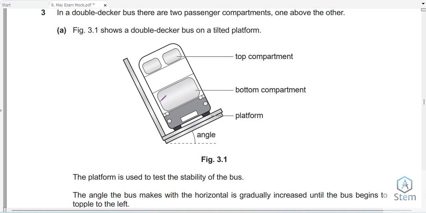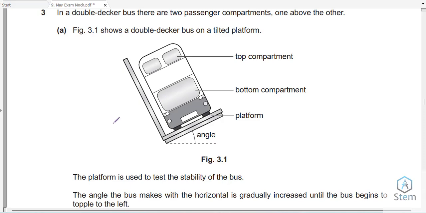All right. This question talks about a double-decker bus where we have two passenger compartments. You have the top compartment, you have the bottom compartment. These are very popular buses, especially in countries that use mass transit.